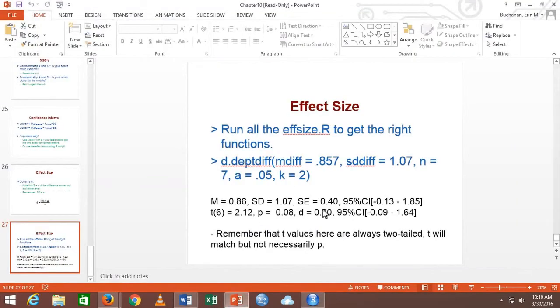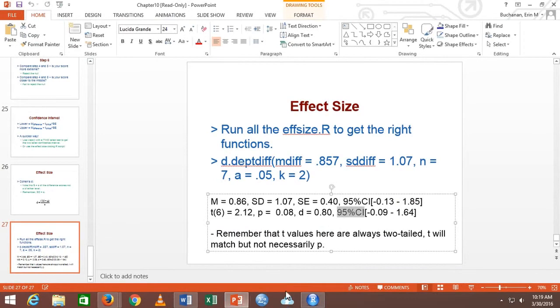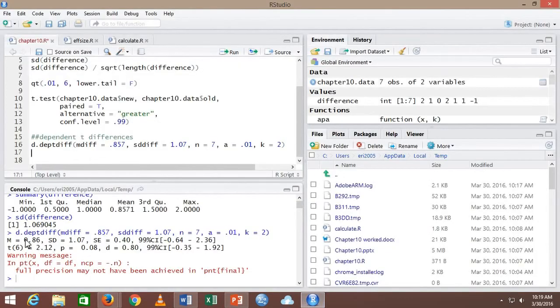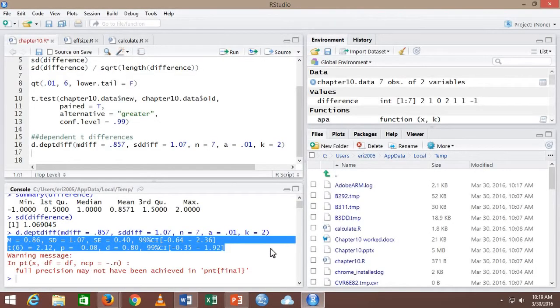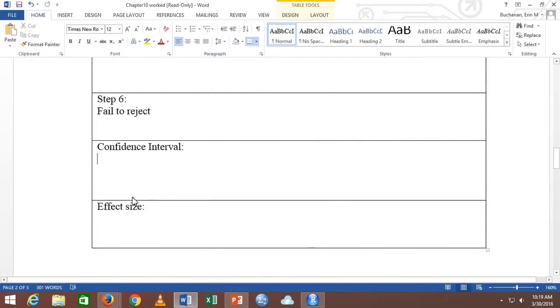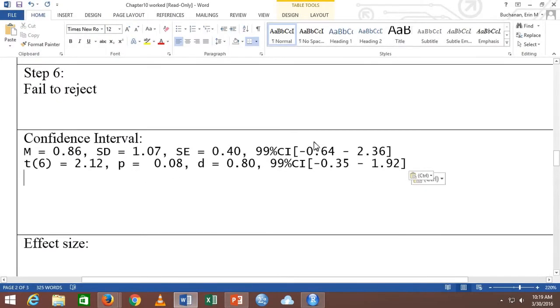So I might have done that wrong on here. Yeah, see, I did a 95 instead of a 99. But the real answer is here. So the confidence interval for the mean difference is negative 0.64 to positive 2.36. So no wonder we didn't reject the null. If you look at step 6 here, we failed to reject last time because that includes 0.